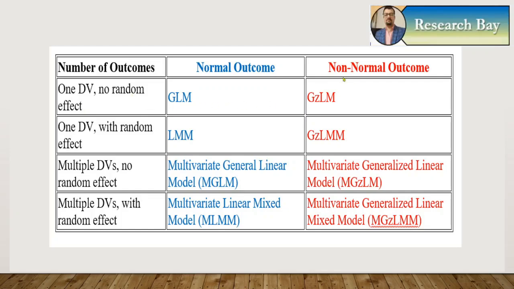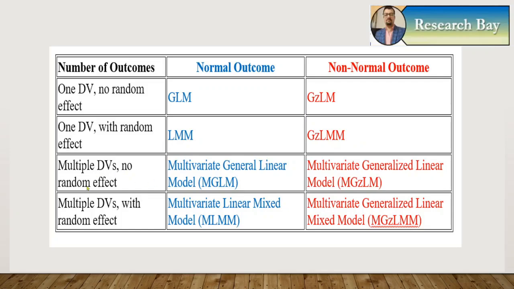In case you have a non-normal dependent variable, you call it generalized linear model. One dependent variable with random effect, normal outcome: linear mixed model, LMM. Non-normal outcome: generalized linear mixed model.